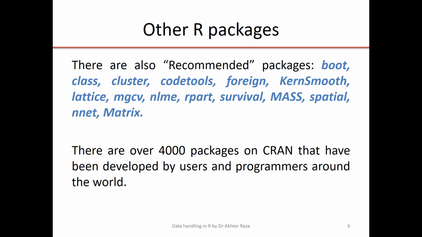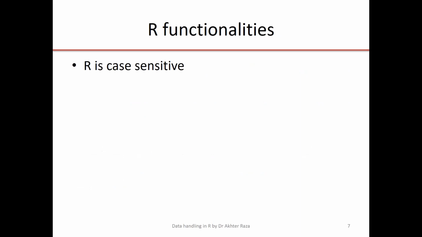I have the cluster package, and this package will be used for cluster analysis. Analysis by analysis, we have to choose which package is suitable and needed by the user. At the requirement, you can use the library function to include that specific library. These are the functionalities in R.